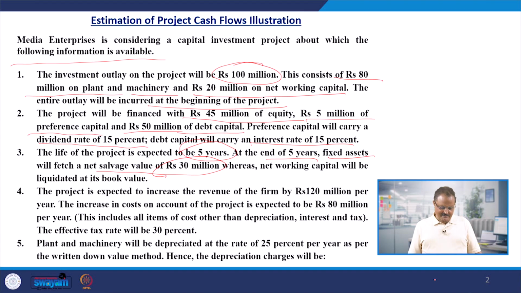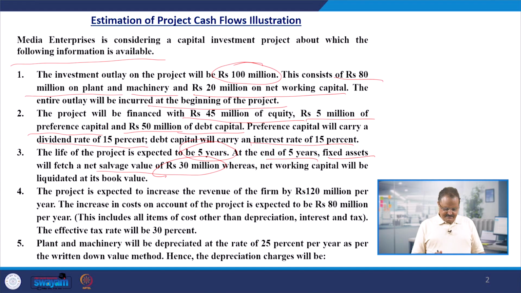So 50 million will be exhausted and taken care of through depreciation, and the balance amount of salvage value of 30 million would be recoverable, and net working capital of 20 million will come back to us in full, will be realized in full. So terminal cash flows would be 50 million.